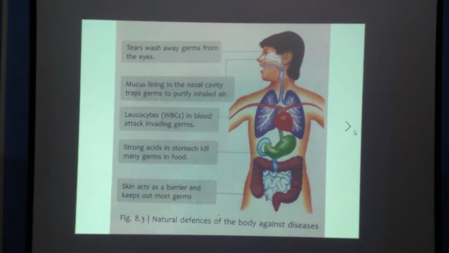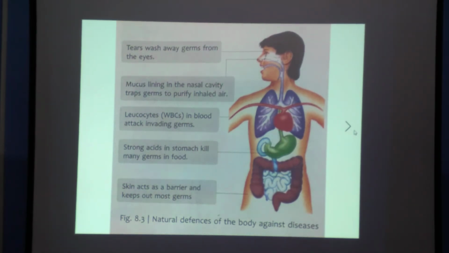Another way in which our stomach wards off certain germs is by producing acid. Like the stomach produces hydrochloric acid, which kills many germs in the food which might cause diseases. And the skin acts as a barrier and keeps out most of the germs that might infect our system.